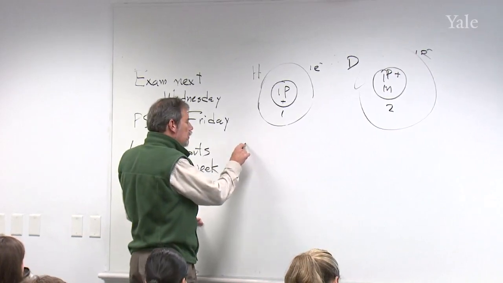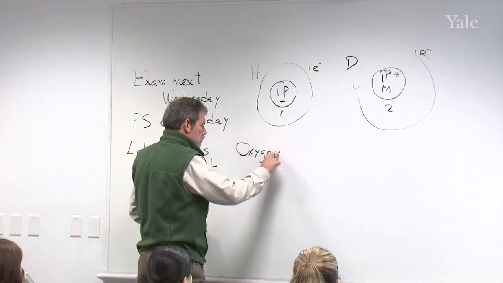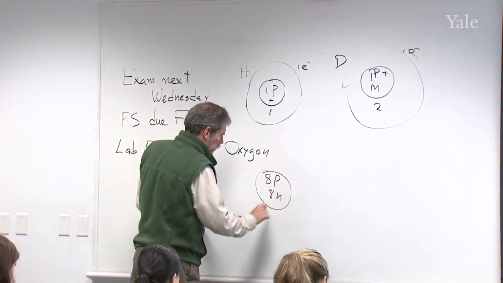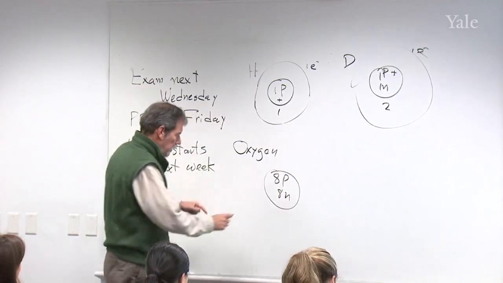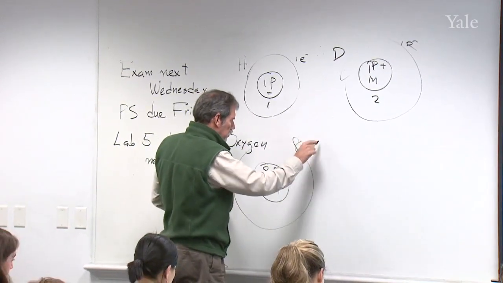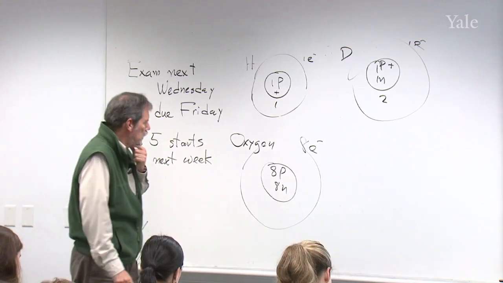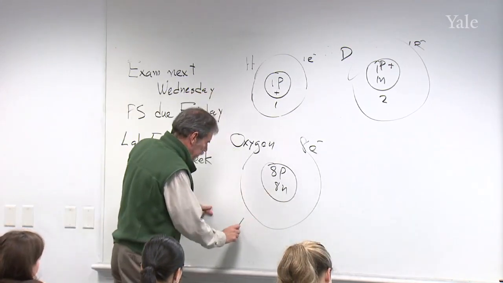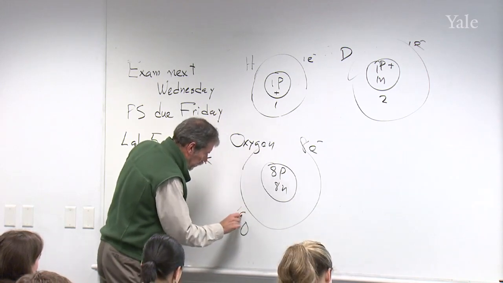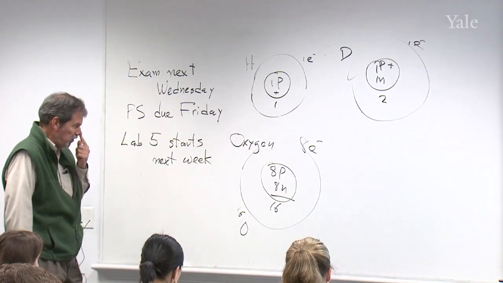The other one I want to think about is oxygen. Oxygen typically has 8 protons and 8 neutrons. Because of 8 protons, it has 8 positive charges. It'll have 8 electrons going around it, and that'll determine its chemical properties. This would be called oxygen 16, because that mass adds up to 16 atomic mass units.